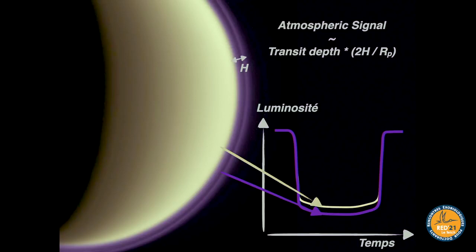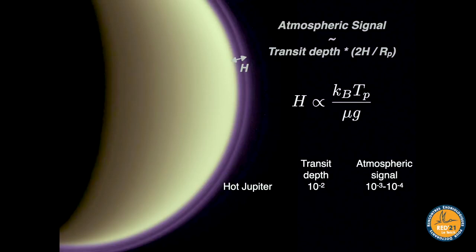And what is interesting is that the size of this signal scales like the transit depth times a factor which is just basically the height of the atmosphere divided by the radius of the planet. What is interesting is that this height of the atmosphere is basically proportional to the temperature of the atmosphere divided by the mean molecular weight and the gravity.